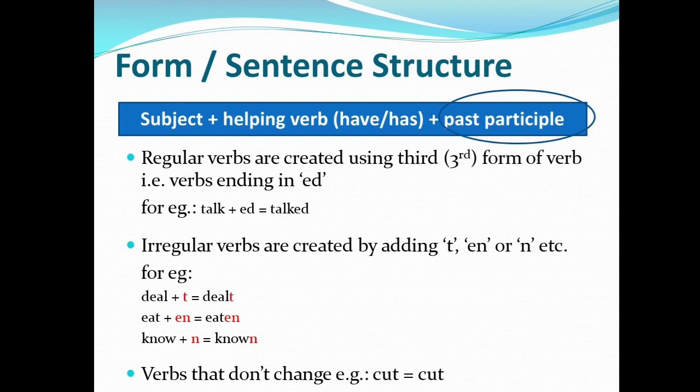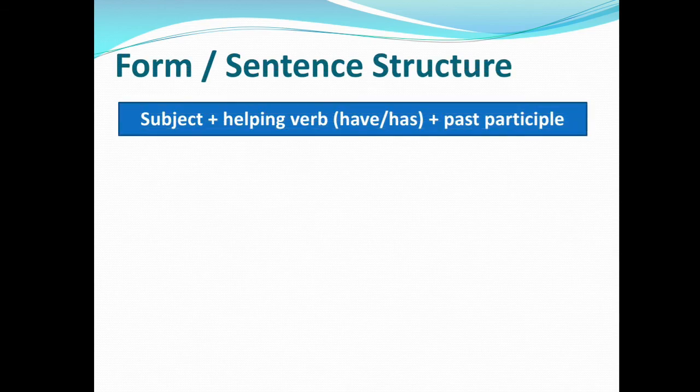Okay, now I hope what a past participle is is clear to you all. So let's move on to the next slide. Okay, so let's again look at the form, the sentence structure. The form says subject. So what is your subject? I, you, they and we. We already know that, and also he, she and it.